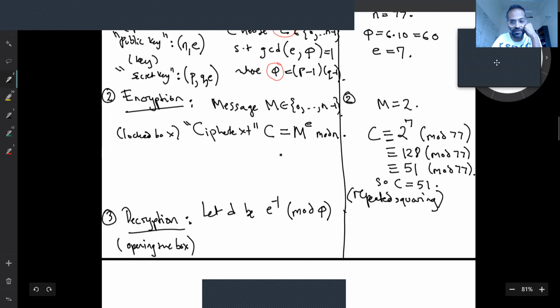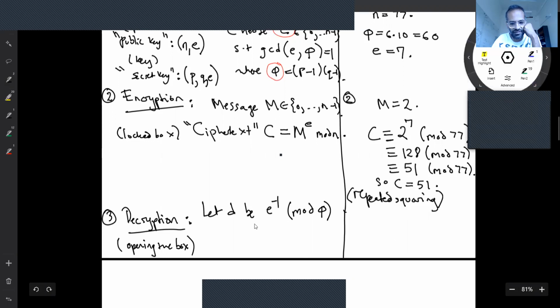I'll explain it in a moment. Actually, we define the inverse as the positive one that's smaller than phi, that's the one. So let's just say let D be E inverse modulo phi.